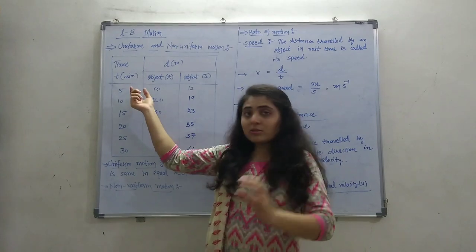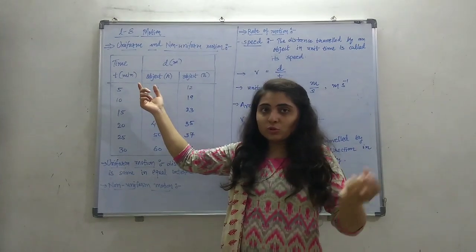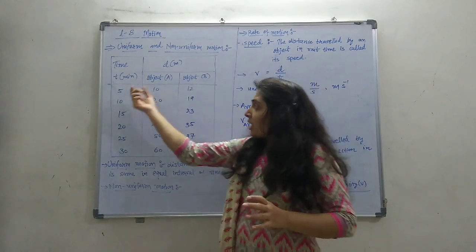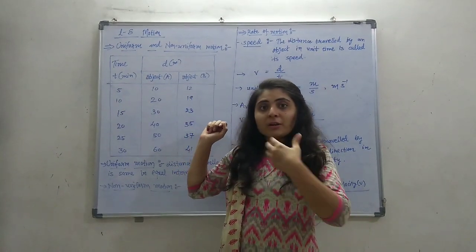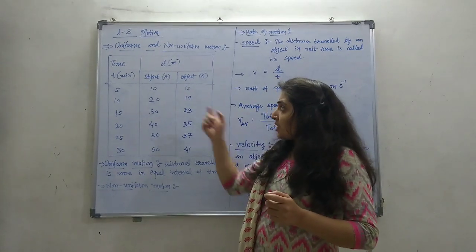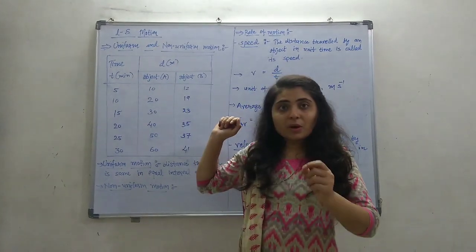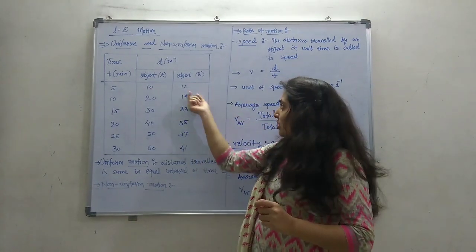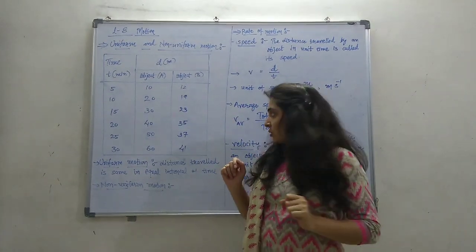Now, when we start, both are at rest, both object A and object B start the motion. After 5 minutes, when we measure the distance traveled by object A and B, object A has traveled 10 meter distance and object B has traveled 12 meter distance.